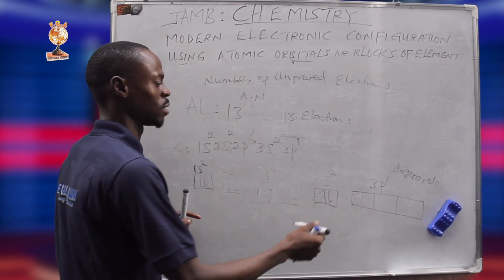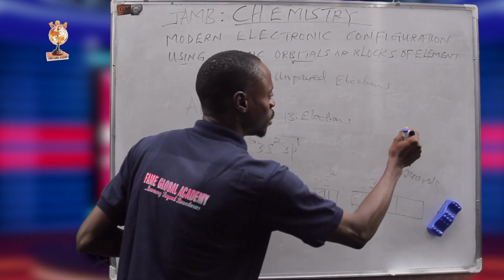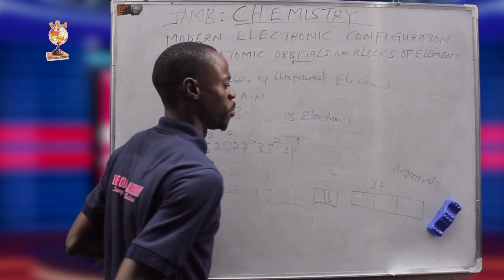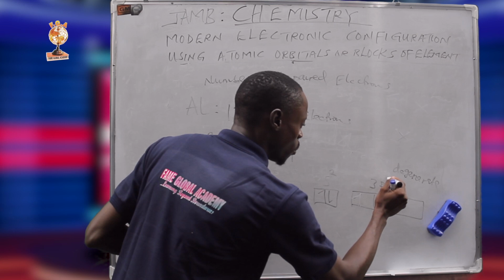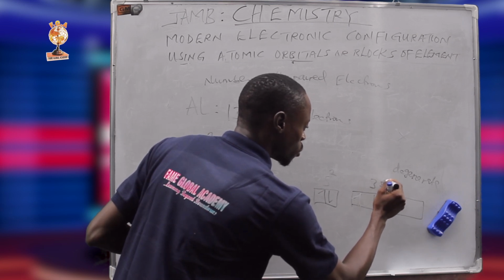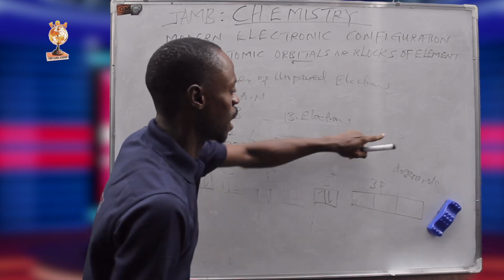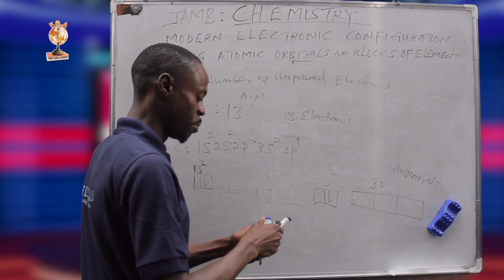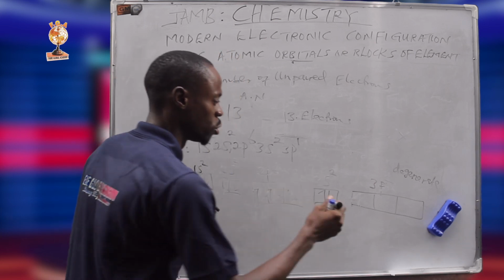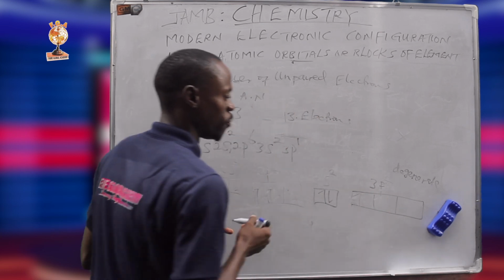Let's assume that we have an element. Let's take any element X, for example. X represents an element. Let me say here we have 2 electrons in its 3p orbital. How do you apply these 2 electrons? You simply obey Hund's rule, singly first before pairing.